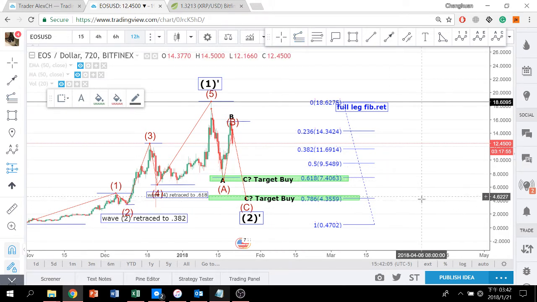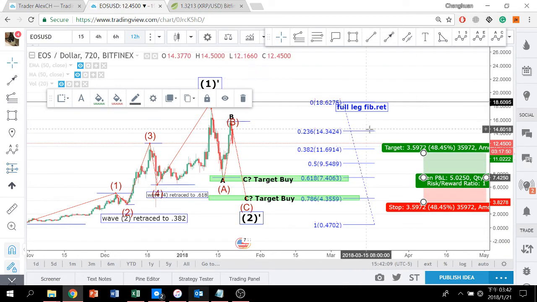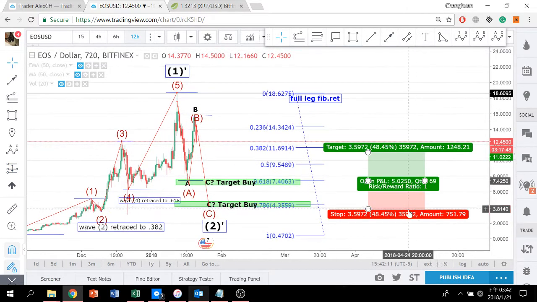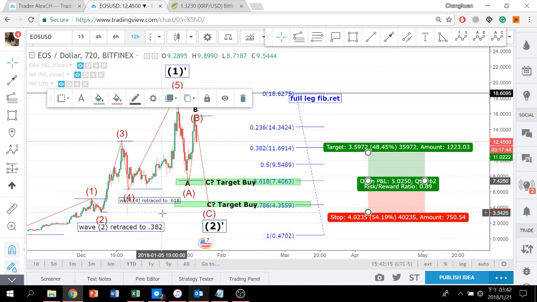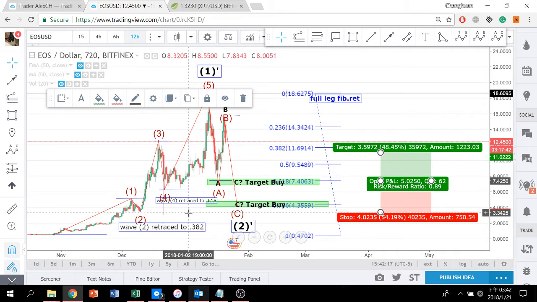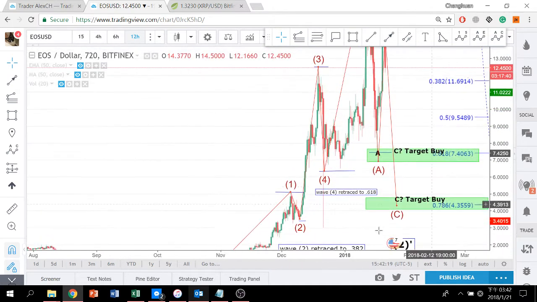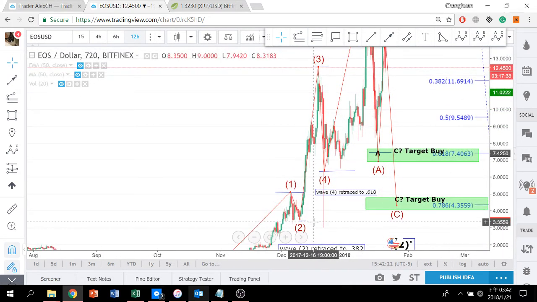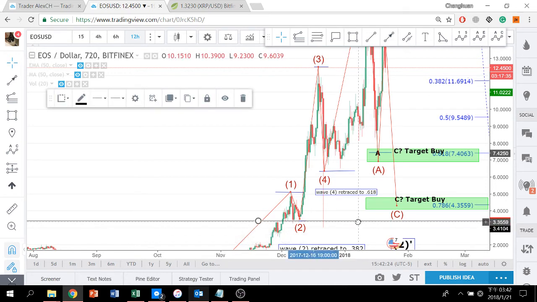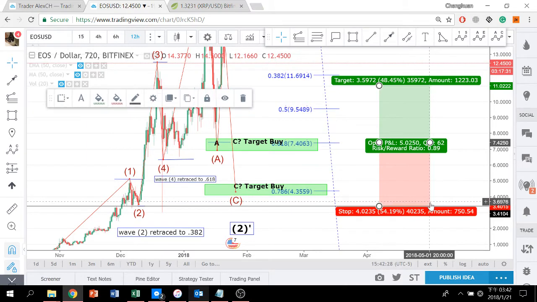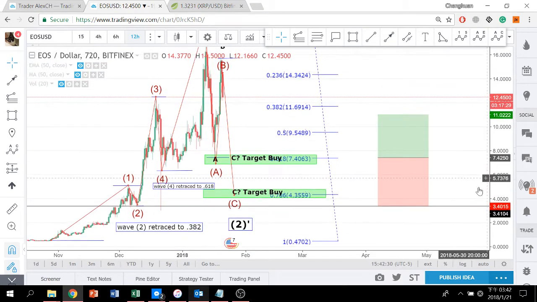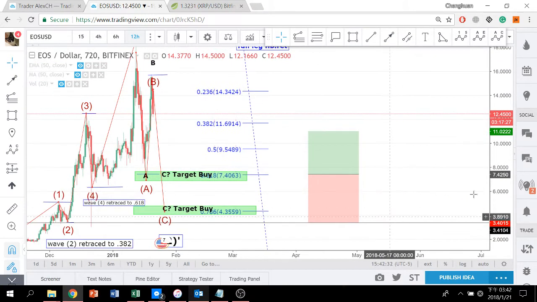If we don't even reach 0.786 and we get our buy zone over here, if we fill our orders over here, our stop loss would be somewhere around here, right? This peak. Let's see if this peak, wave 2 here, would serve as a support, right? So let's draw a horizontal line there. This is going to be our support, right? If it drops below, well, we're in big trouble because I don't think it'll ever happen.